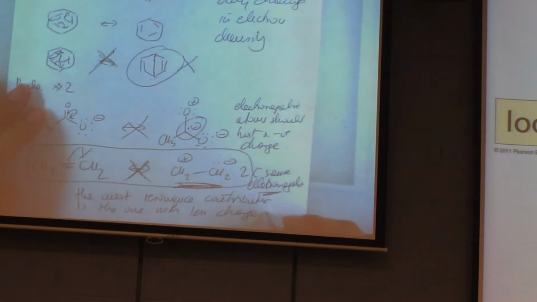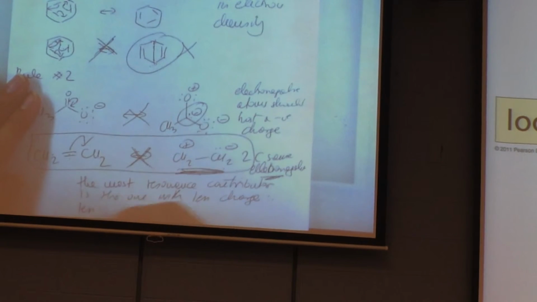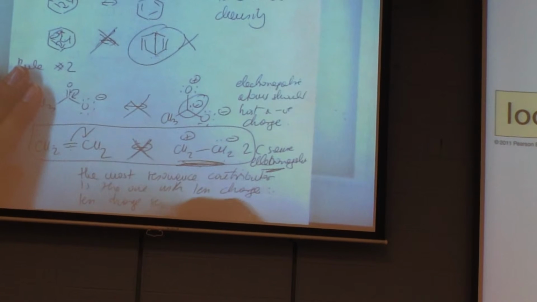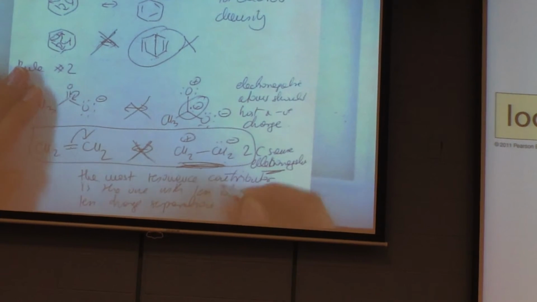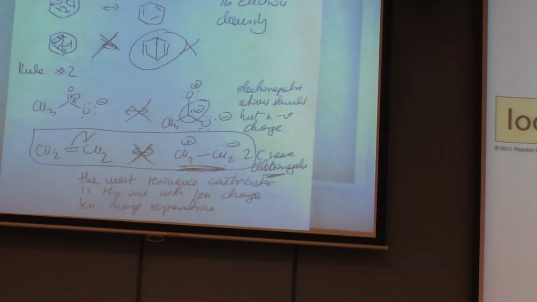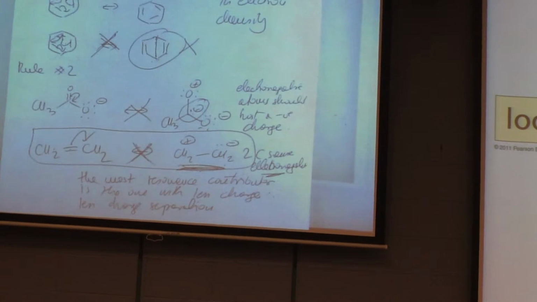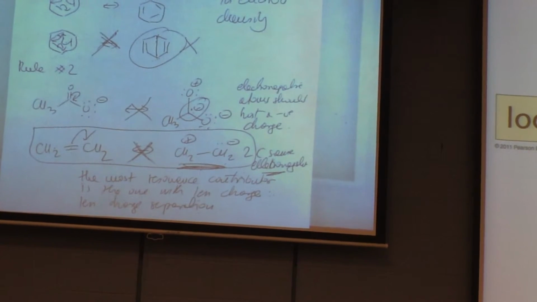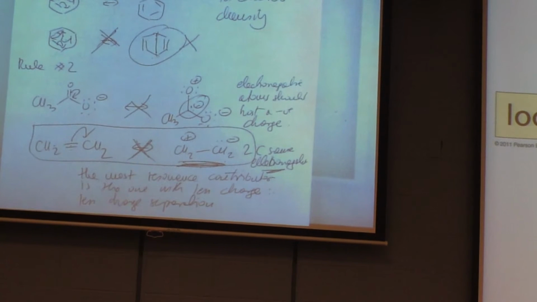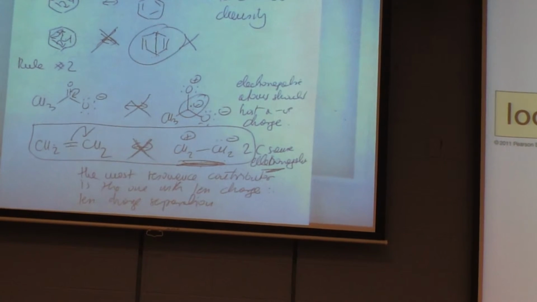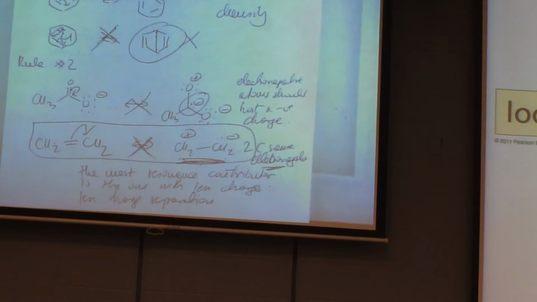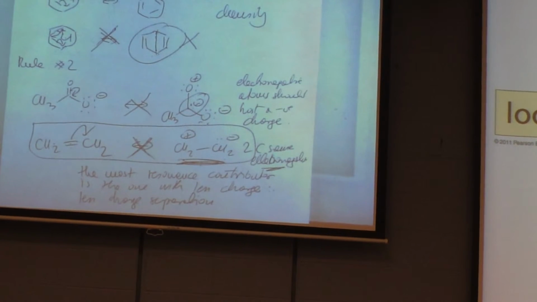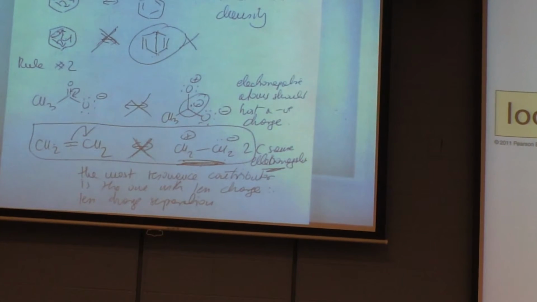So, less charge separation. If you create multiple charges, that's one resonance contributor. Then you have another resonance contributor with only a single minus charge. That single charge is better than having plus minus all over the place. Creating multiple charges is not preferred.